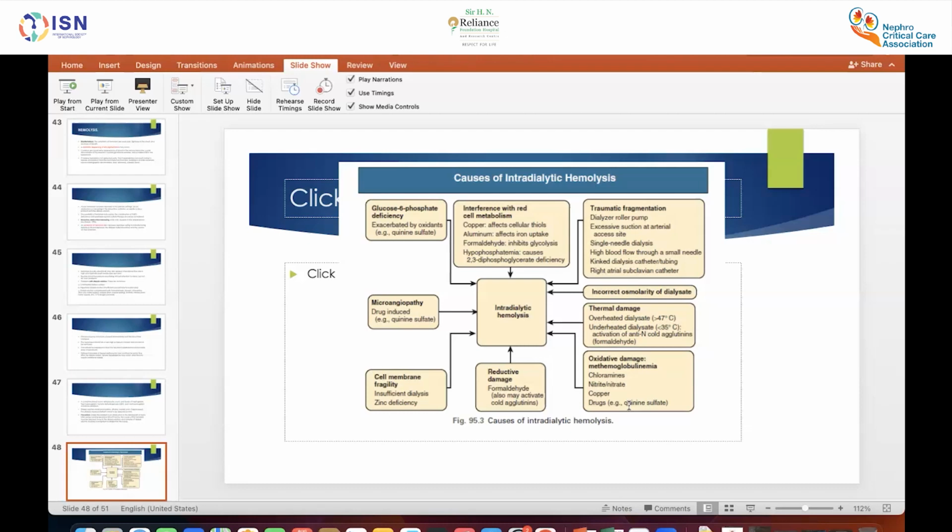This is another way of mobilizing interstitial fluid, in those patients where the albumin is also low and you are dialyzing but still unable to achieve the ultrafiltration goal. You can increase the hydrostatic pressure by putting a tourniquet or crepe bandage, especially on the limbs, and then mobilize the water into the intravascular compartment, and during dialysis you take it out.